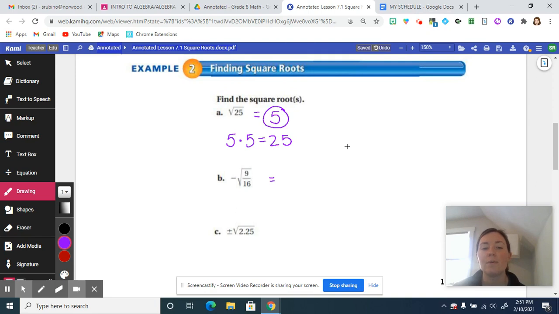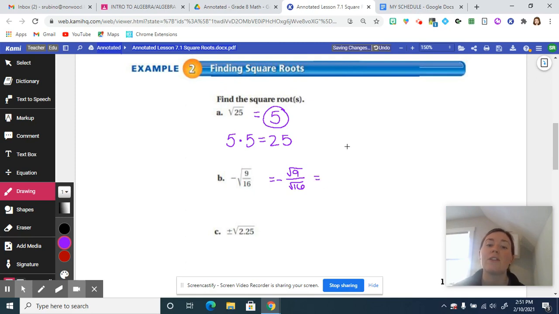We know that when we multiply fractions, we are simply multiplying straight across the top and multiplying straight across the bottom. So this would be the same as the square root of 9 over the square root of 16. Okay, and that is because we multiply straight across when we are multiplying fractions.